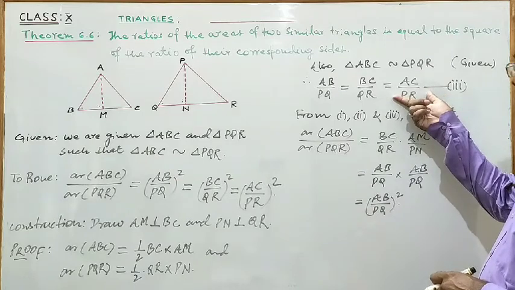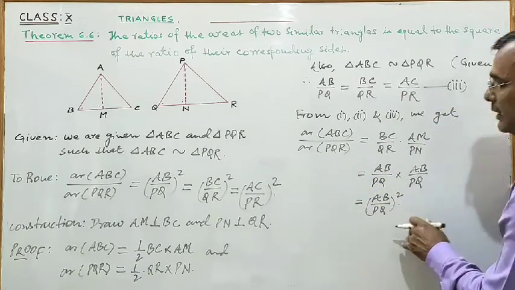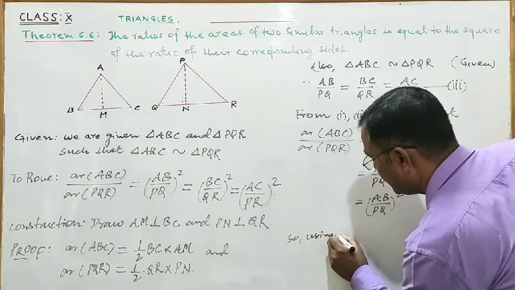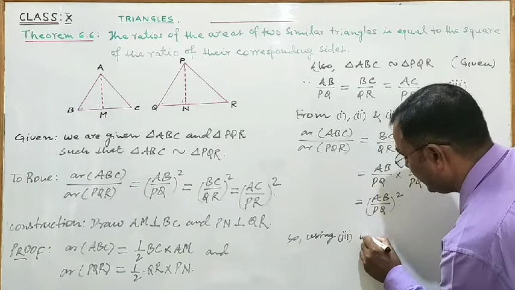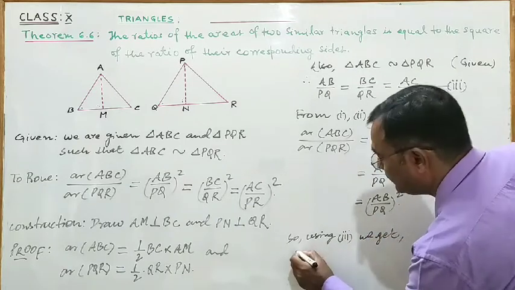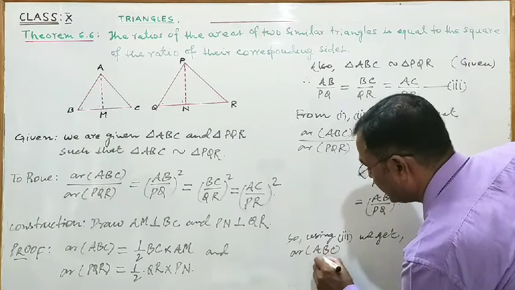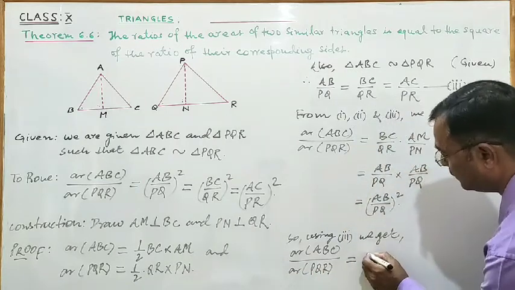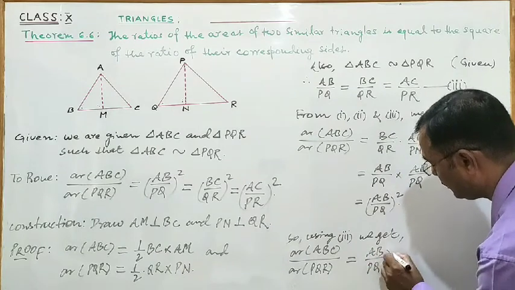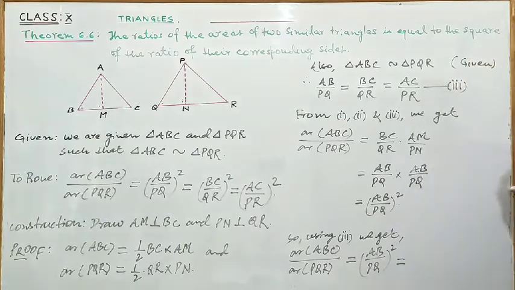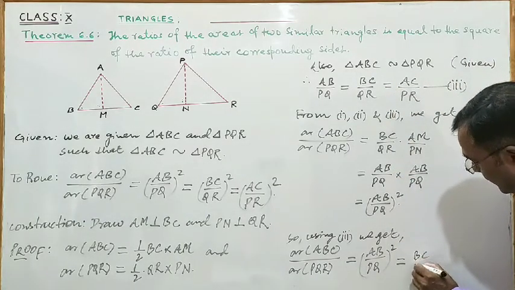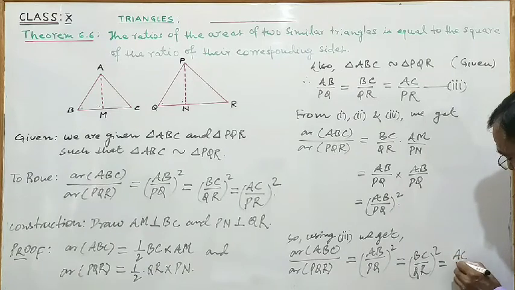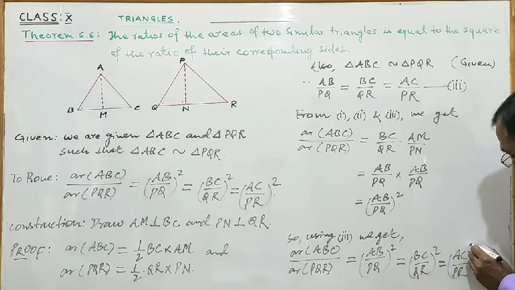So using this equation number 3, this result can be written as area of triangle ABC by area of triangle PQR is equal to AB by PQ whole square equal to BC by QR whole square equal to AC by PR whole square.